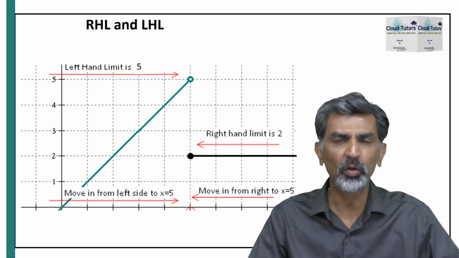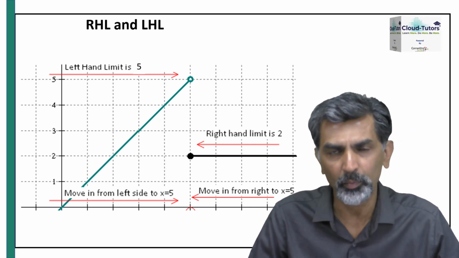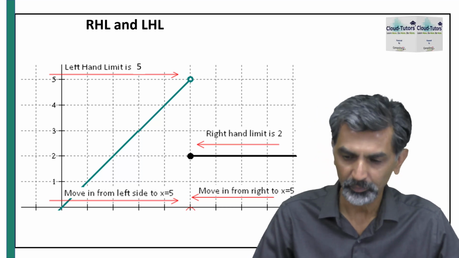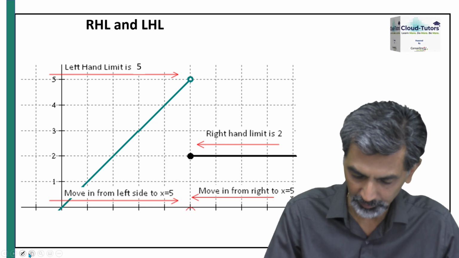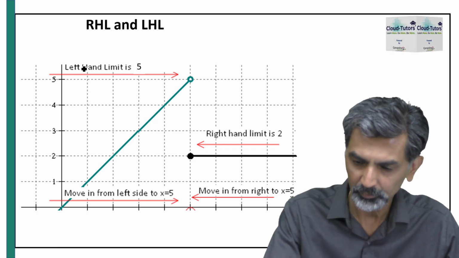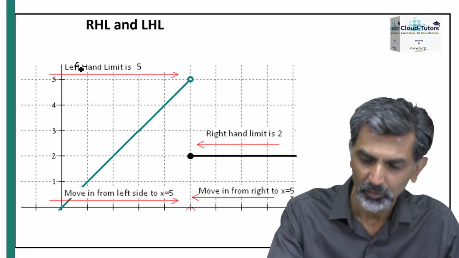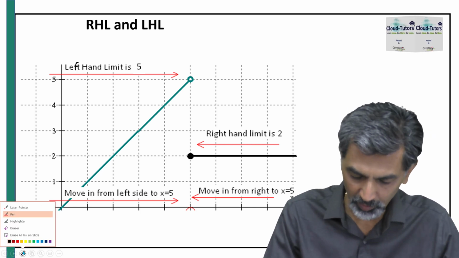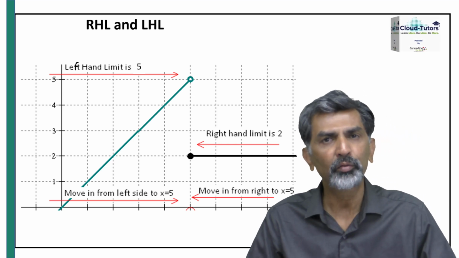Now let's briefly talk about left hand and right hand limits, and we will talk at length about these later. So you consider this function here. Now clearly it is a discontinuous function.